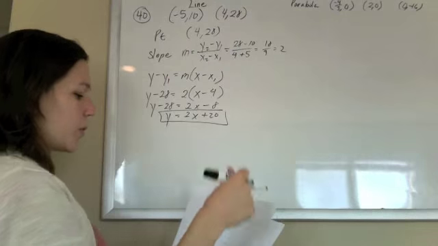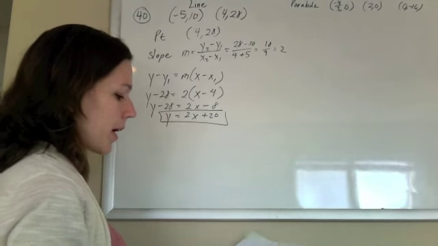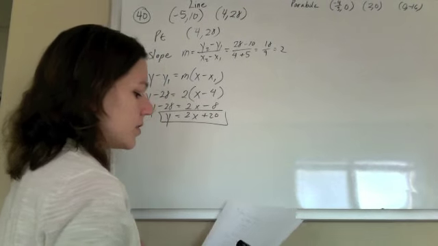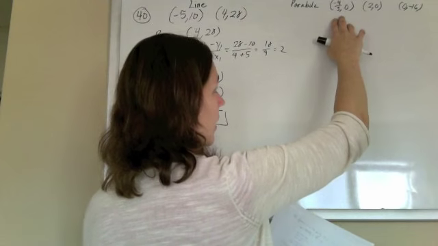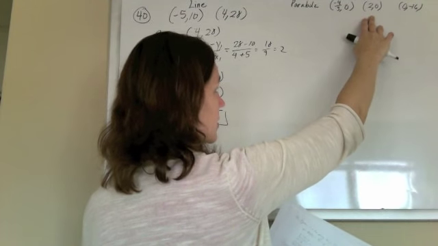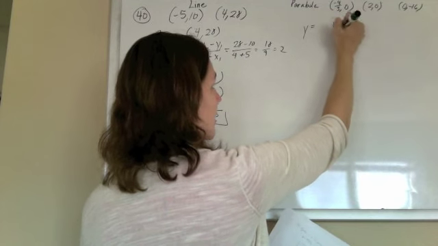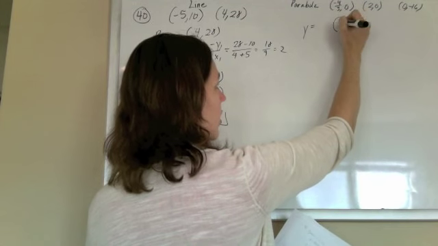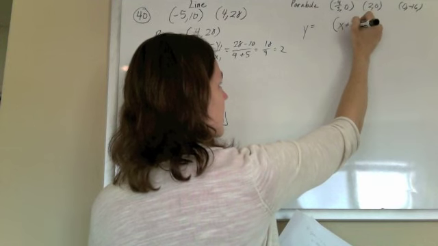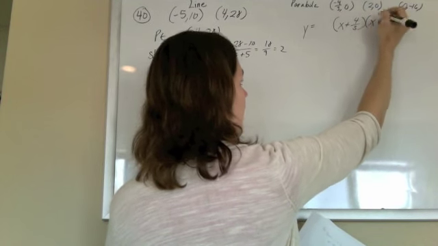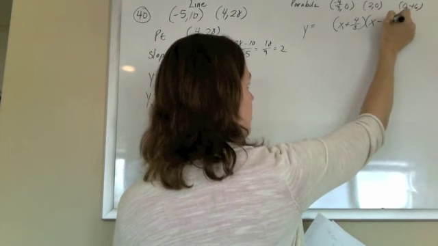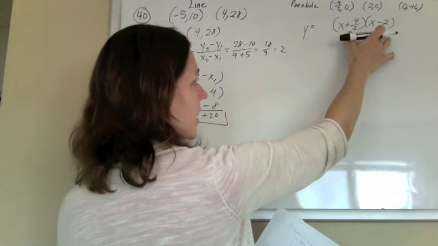Now I go find the equation of my parabola, and I noticed they gave me zeros of -4/3 and 2. So I can start to set up my parabola in intercept form, because I know x plus 4/3 and x minus 2 will be factors of this.